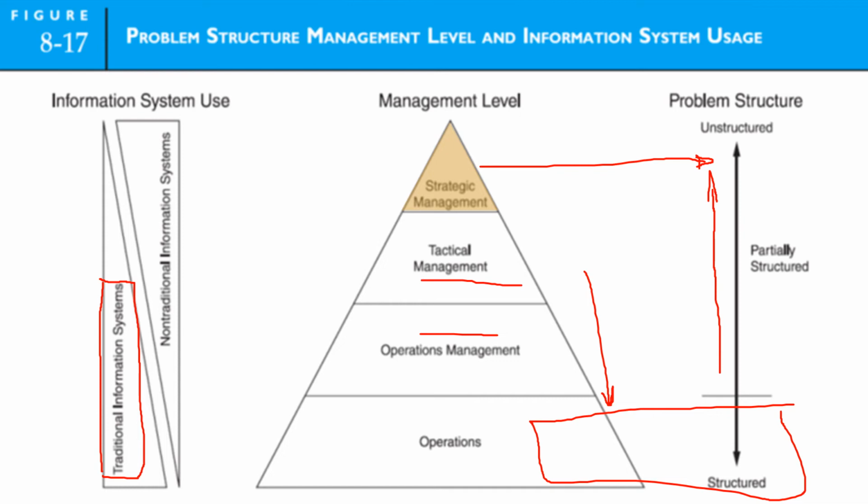So it will be used more for structured problems at the bottom, operations and operational managers, whereas the non-traditional information system, meaning that we use creativity with unique and complex problems, will be used more at the strategic management level or top management.